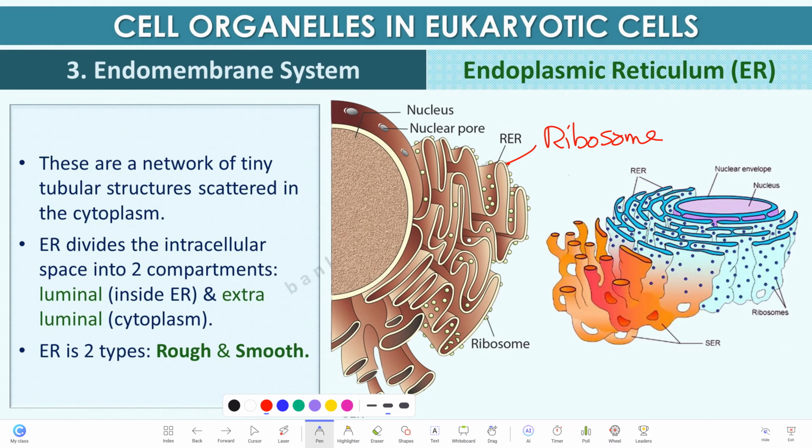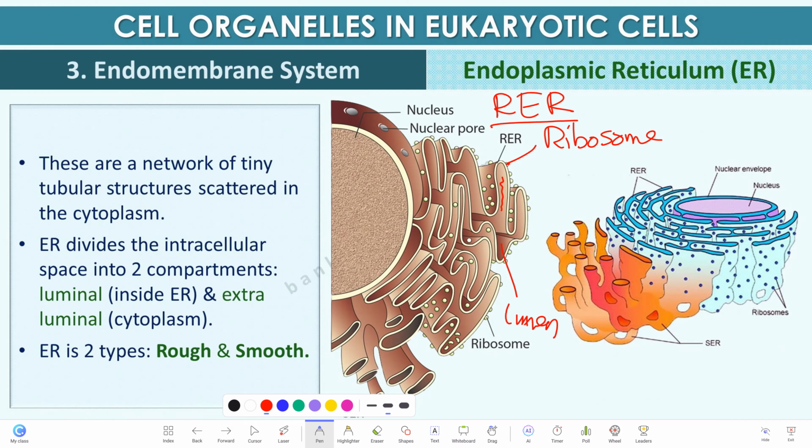Here protein is produced and goes into the space inside, the lumen, and gets folded up. This is called rough endoplasmic reticulum. It looks rough because of ribosomes, right? So what is RER? Rough endoplasmic reticulum. What do you find on it? Ribosomes. It forms protein, which goes into the space inside the endoplasmic reticulum and gets folded up.